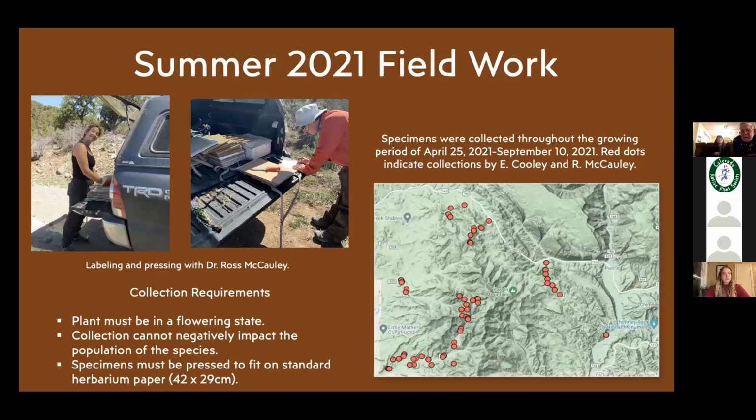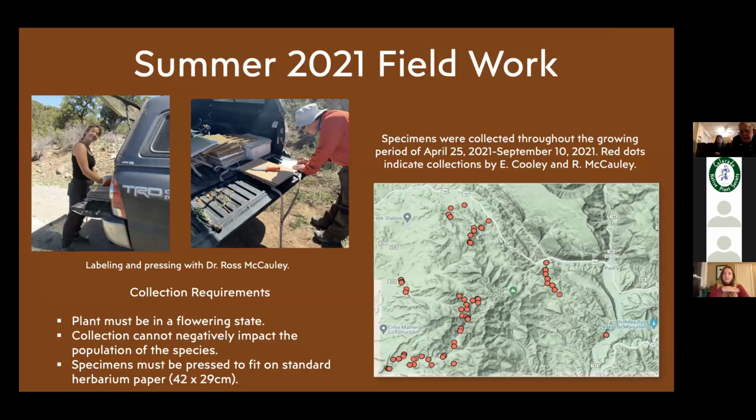That's about the extent of the growing season at that elevation and in that area. We went up a total of 10 different trips up to the HDs. You can see on the right here this map that I have, all of those red dots are collection events from myself and Dr. Ross McCauley throughout the period of April 25th to September 10th.